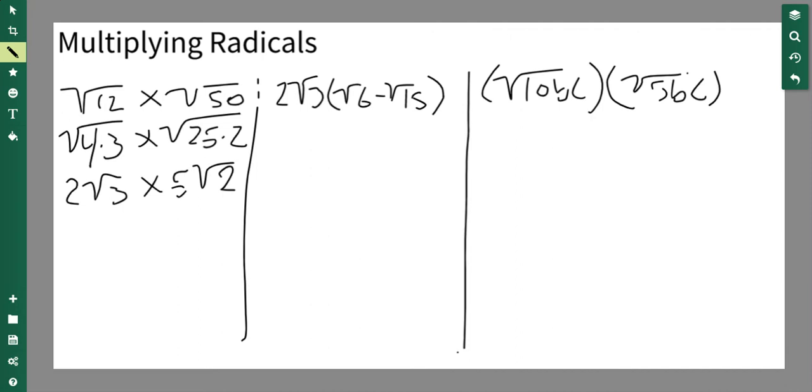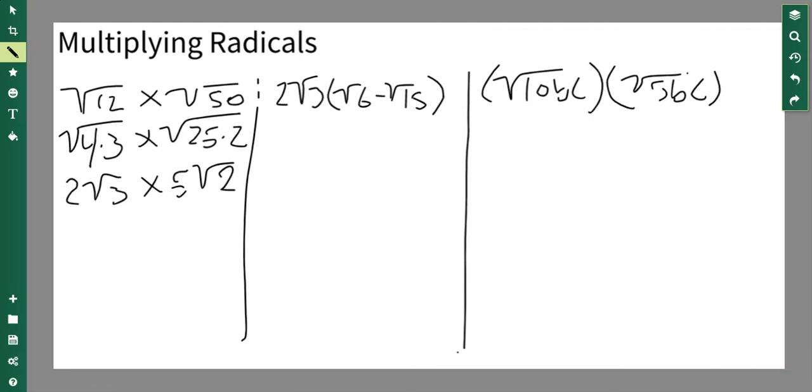The next steps were multiply the integers and then the radicals, but we can't multiply this equation over here because the radicals are different. So let's move on to the next equation. The next equation looks a bit difficult because you got brackets, but all we have to do is just distribute into the brackets.